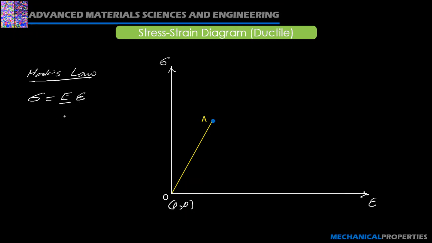This E is the modulus of elasticity, that is constant, and that is the slope of the inclined line. So stress is directly proportional to the strain. This point A is termed the limit of proportionality.